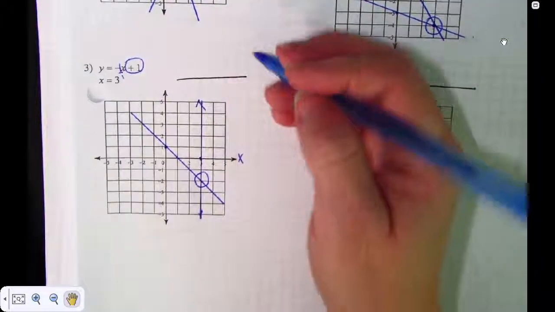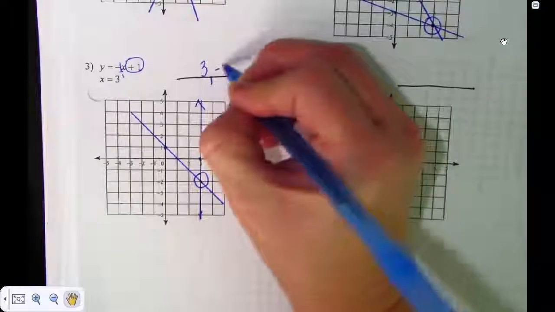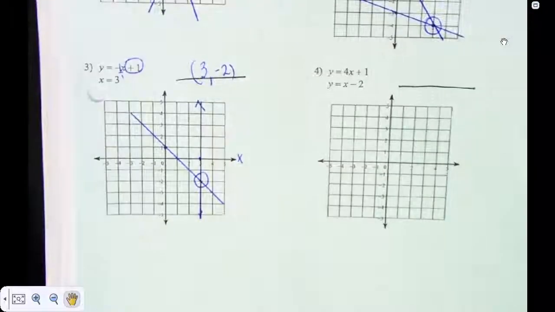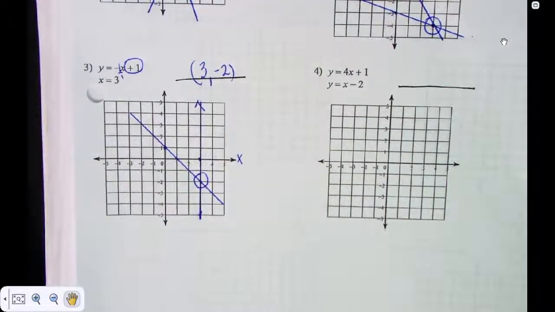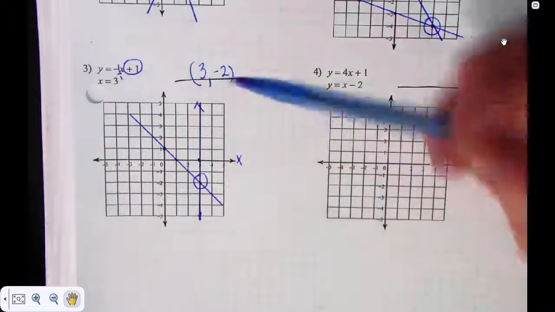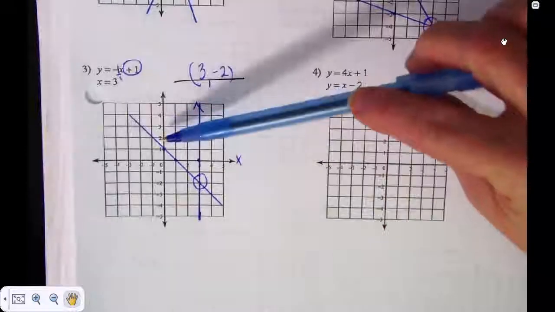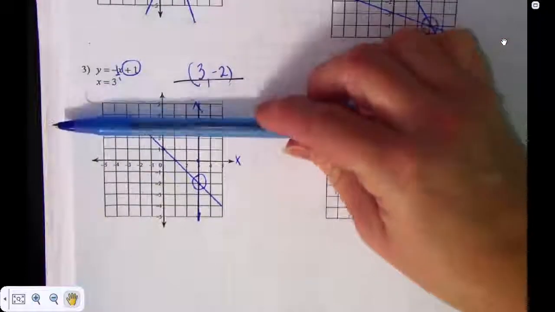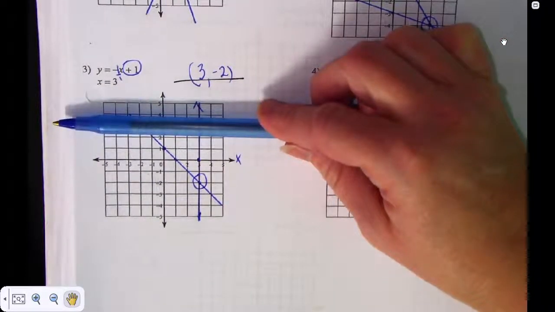What's the solution? (3, -2). Okay, when I first learned this, I remember thinking, x goes across. How could x equal 3? Because x goes across. But if you think about it, if I went to the 3 on y and did a horizontal line, that's not going to cross x at all.